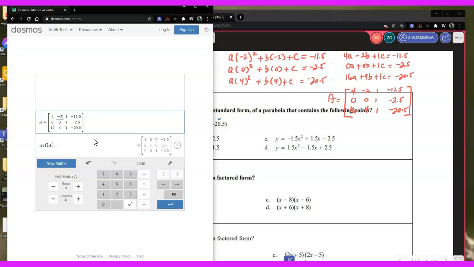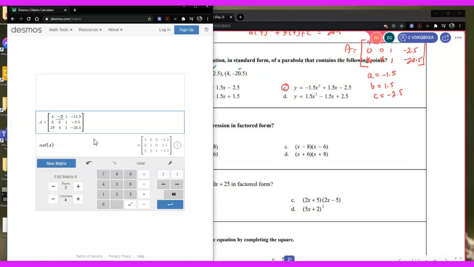We have a is equal to negative 1.5. We know b is equal to 1.5, and we know that c is equal to negative 2.5. So a is negative 1.5, b is 1.5, and c is negative 2.5. So the answer is C.